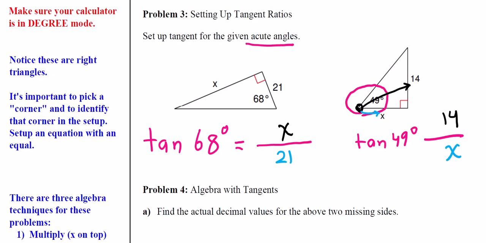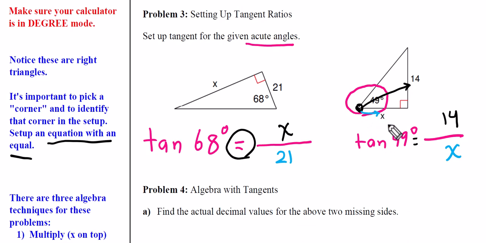And silly me, I did this on purpose. Do you notice that I forgot to write my equals? Please make sure you write equals. This problem also had an equals. You are writing an equation. Okay? So we have tangent of 49 degrees is 14 over x.